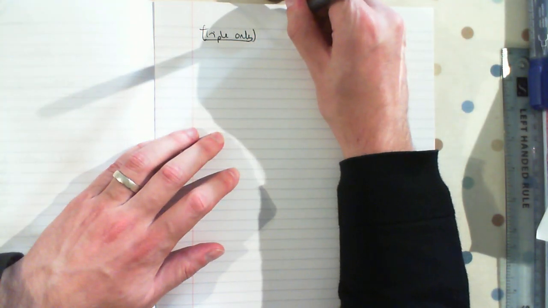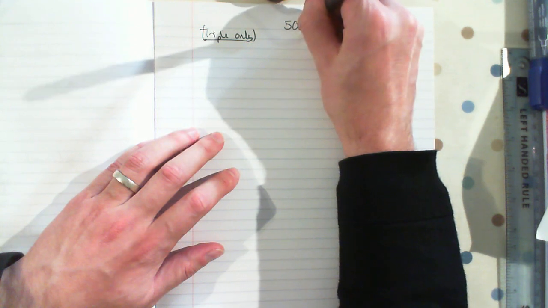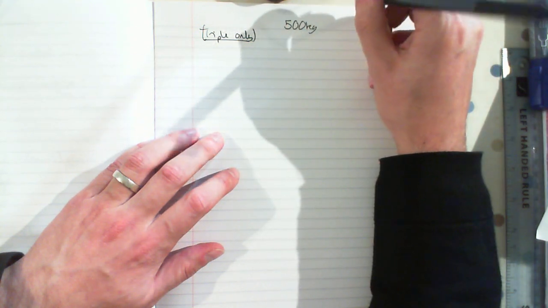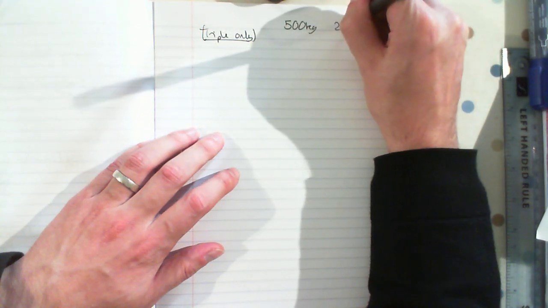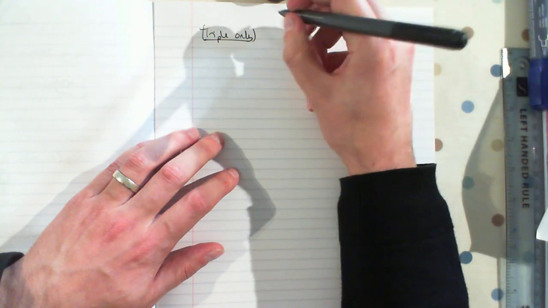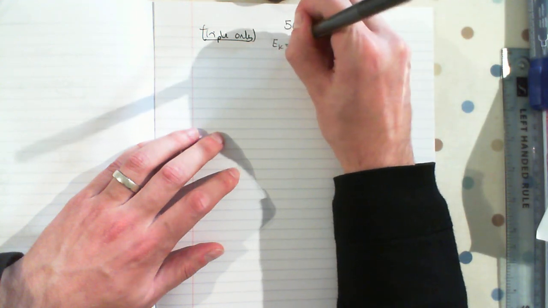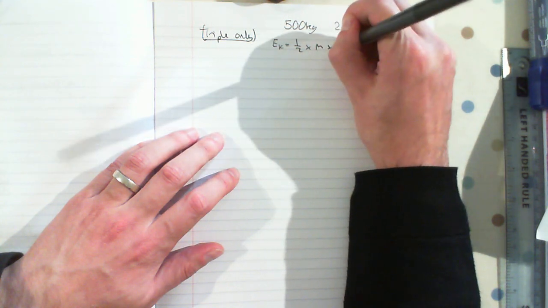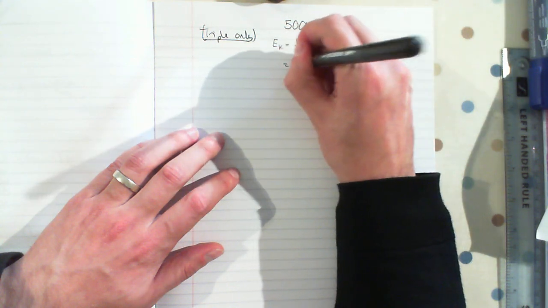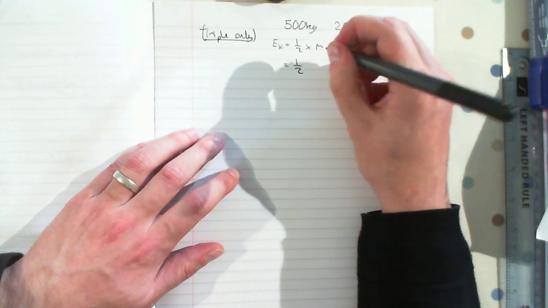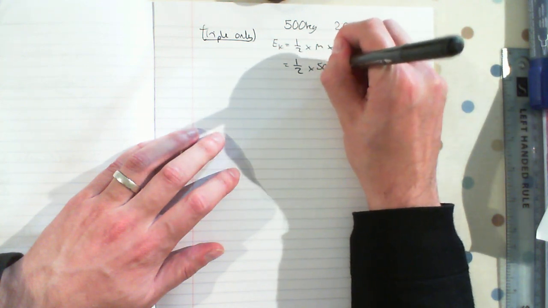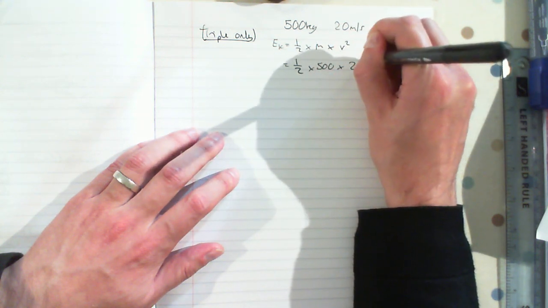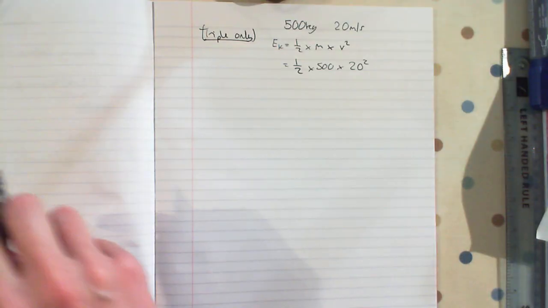For example, if we've got a car of mass 500 kilos traveling at 20 meters per second, we can calculate kinetic energy. Ek equals half times mass times the speed squared, and that equals half times 500 times 20 squared.